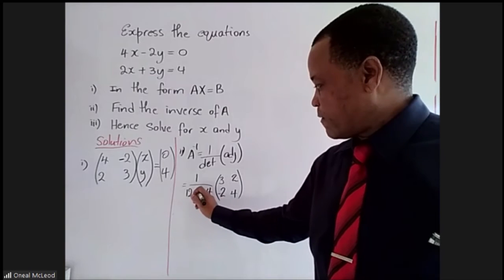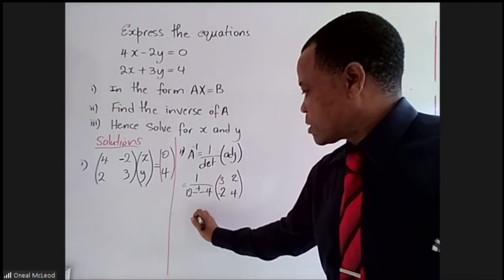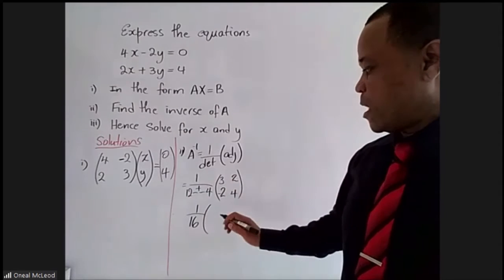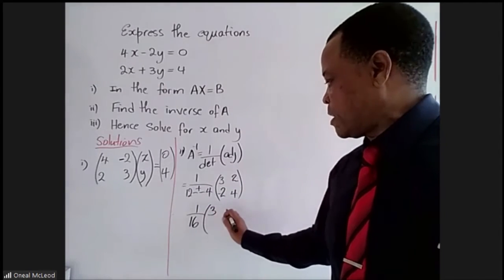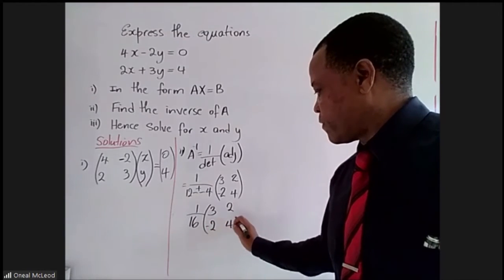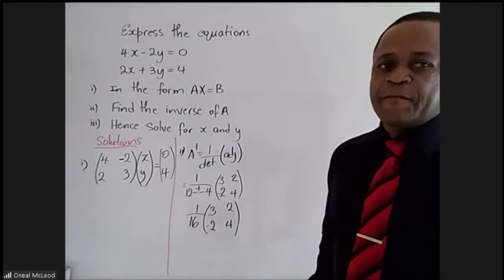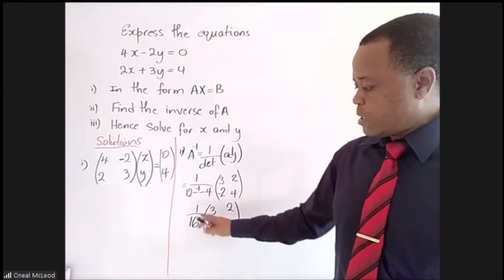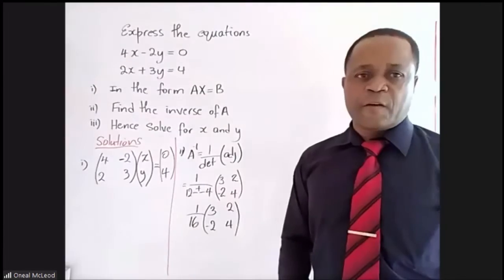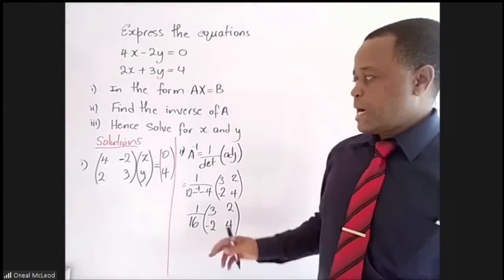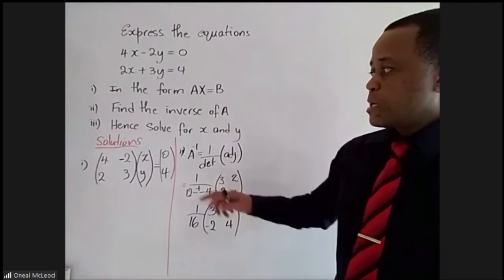So the negative of a negative, it becomes what? Positive. So this is 1/16 of the adjoint matrix, which is 3, 2, negative 2, and 4. So there we have it. That's where we want to stop as it relates to the inverse. We're not going to use that inverted determinant to multiply what is on the inside just yet. So that's now step 2.